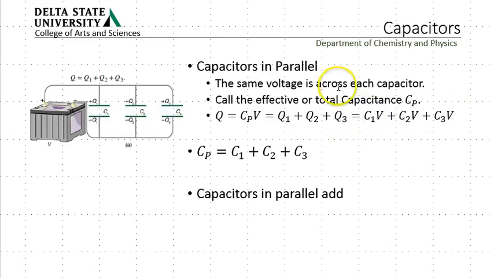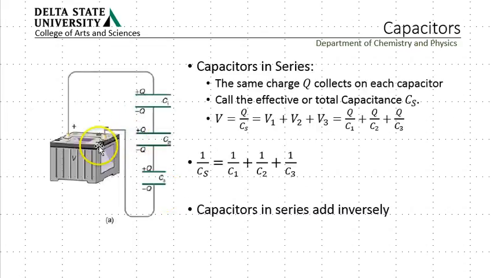Okay, that's great. So if we factor out the voltage, the capacitance due to the capacitors in parallel is simply them added together. So capacitors in parallel add directly. Capacitors in series add inversely.